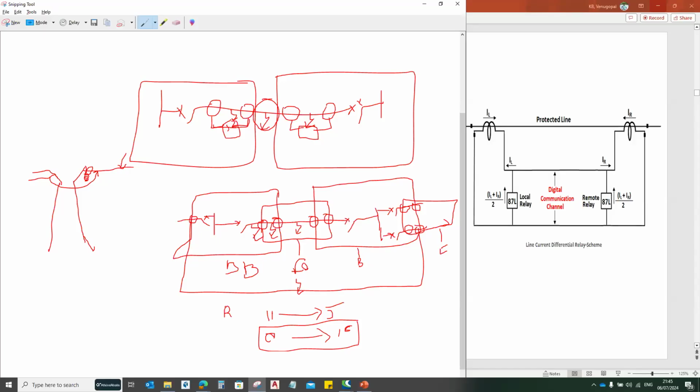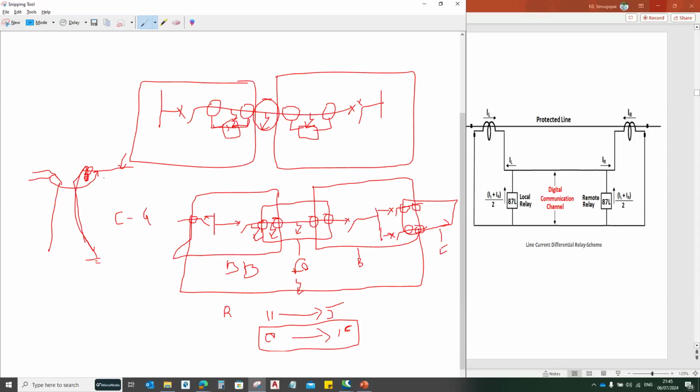In that case, the fault current flowing in this transmission line will be connected to this tower, and from the tower it will be earthed. So we can call this a line to ground fault condition.